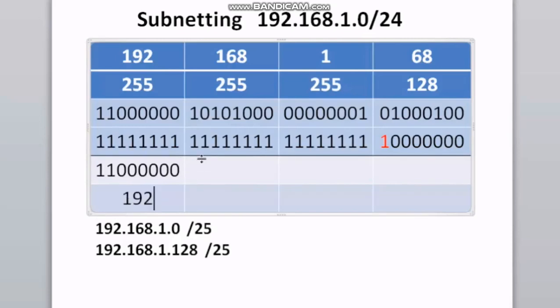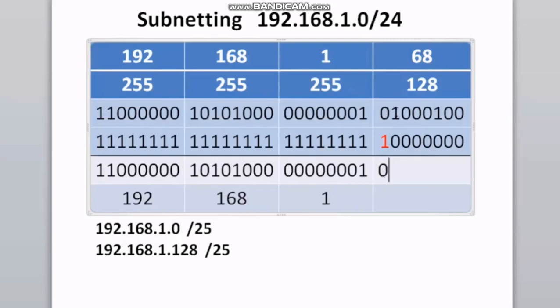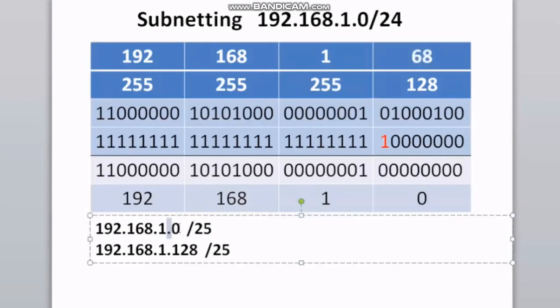Then 168, then all zeros and a 1. Now in this last octet, a false and a true makes a false, a true and a false makes a false, and then we get all zeros here. So the network address is the 192.168.1.0 network. Host number 68 is on the 0 network.